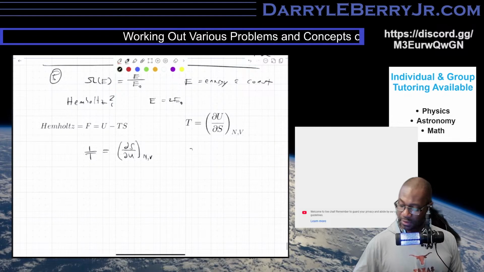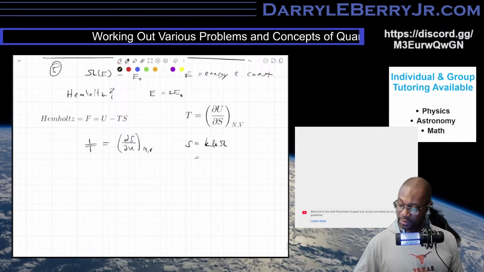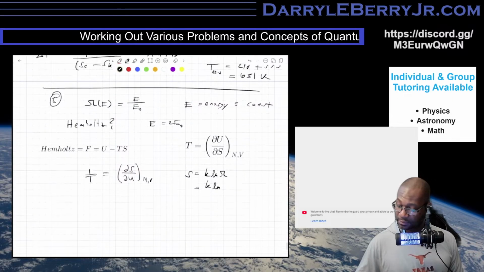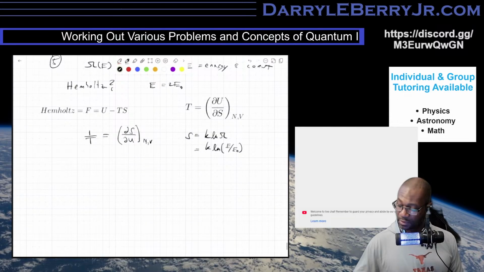So S is K ln omega, which is K ln E over E naught, because that's the energy.